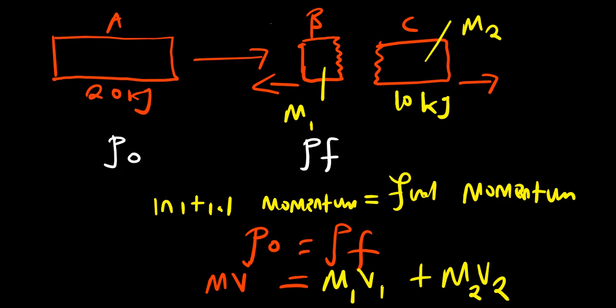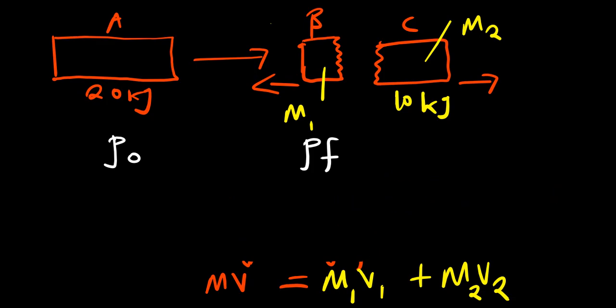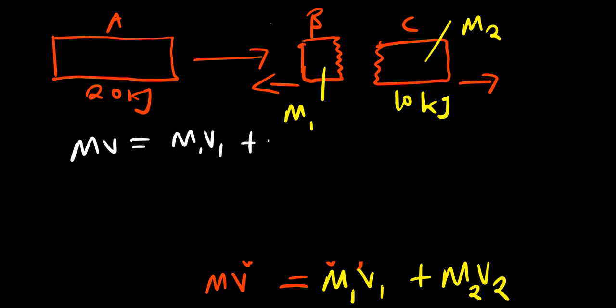And let's put figures. We already have figures, so let's now solve this question. So how are we going to solve this question? Allow me to rub on this part. So we have this equation, mv equals m1 v1 plus m2 v2. Now we know that the mass is 20 kg, which we multiply by the velocity.